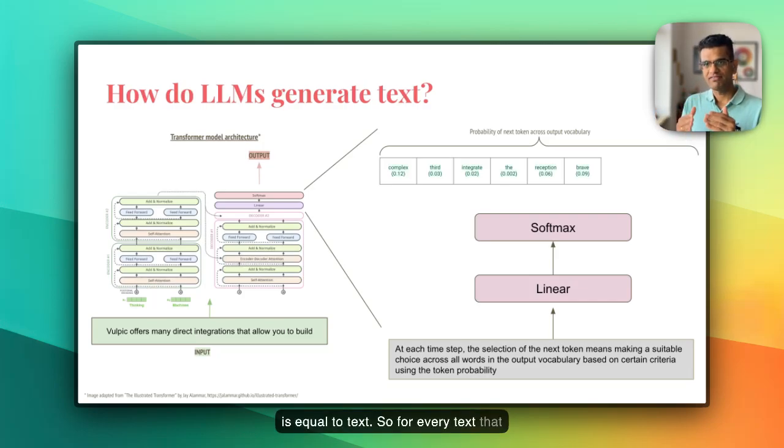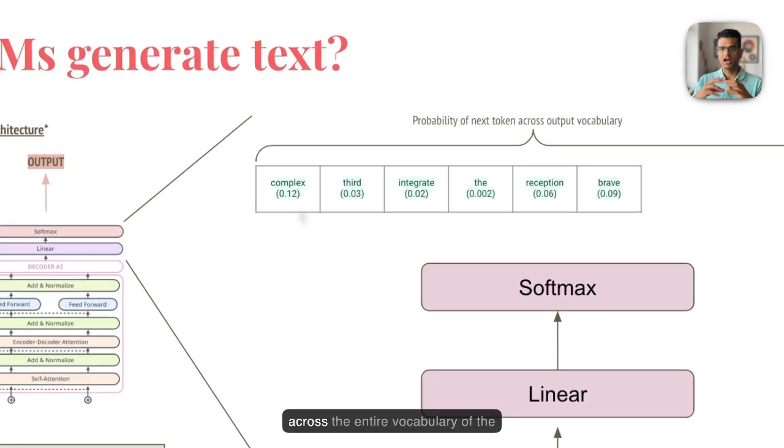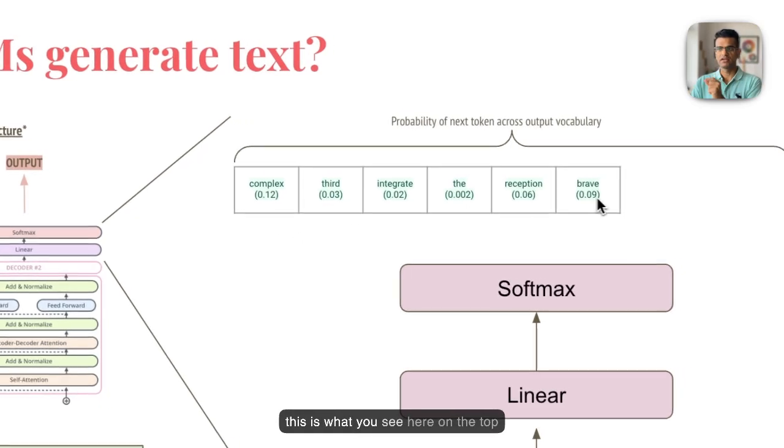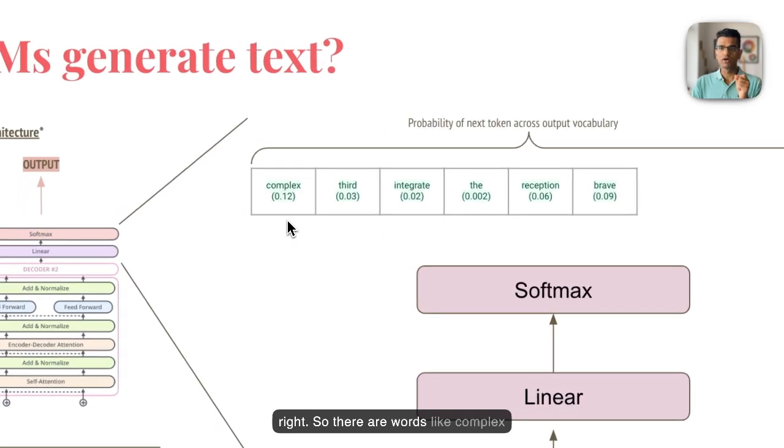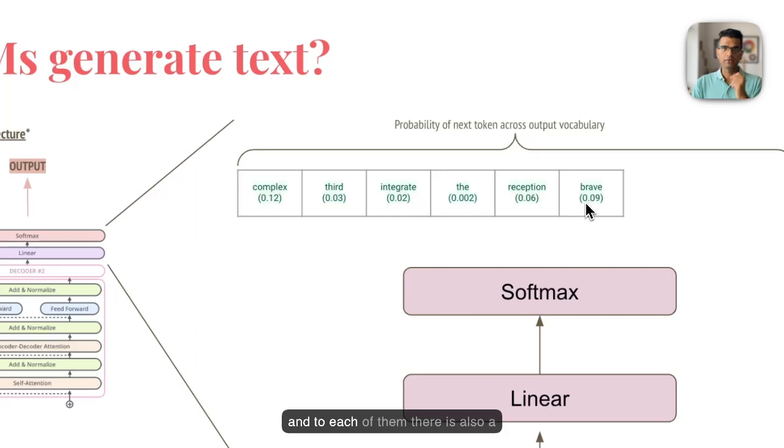So for every text that is produced, so that means that you have put in these input words, and then you have to get the next words, right? At each time step, you have a probability distribution across the entire vocabulary of the transformer model, or of the last layers of the transformer model. So this is what you see here on the top, right? There are words like complex, third, integrate, the, reception, brave, and to each of them there is also a probability value.